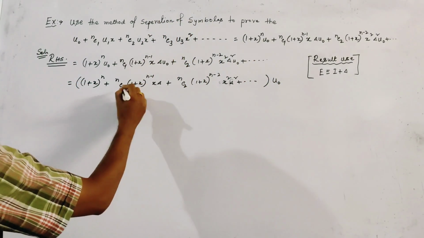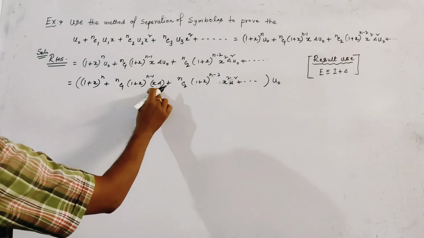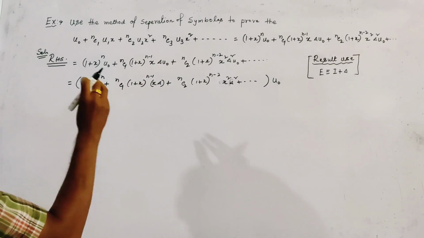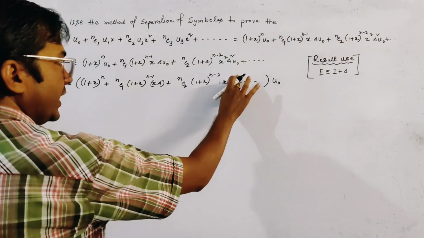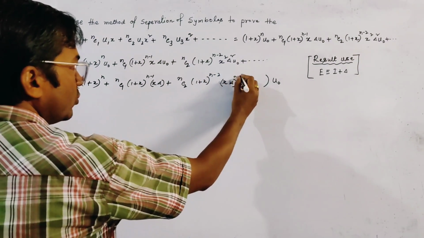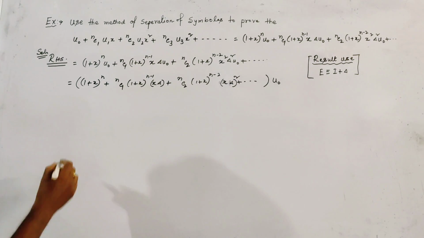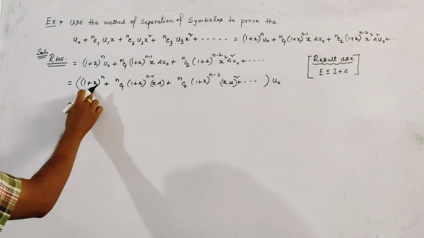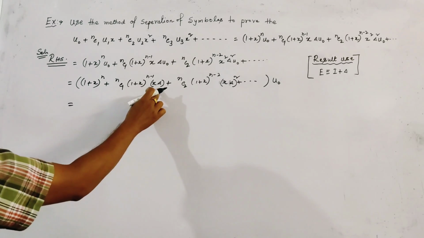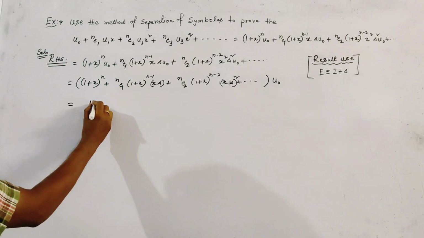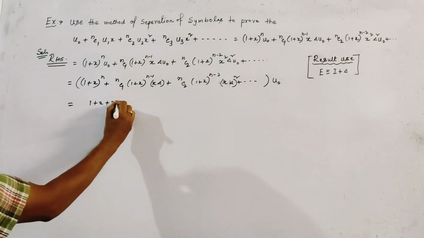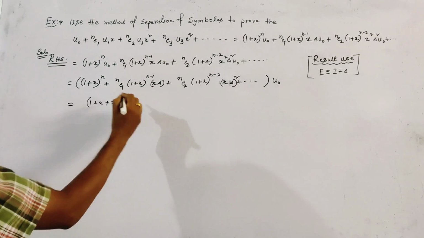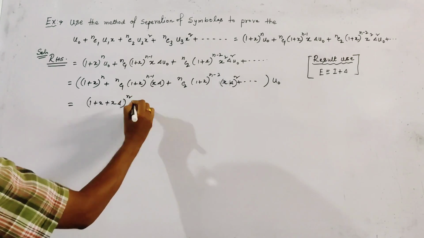Now we write this series again. This is xΔ. We take this xΔ as one term, and we write this is also (xΔ)² and so on. And clearly this is the binomial series of (1 + xΔ)^n u0.